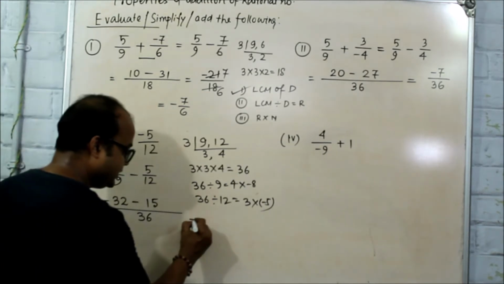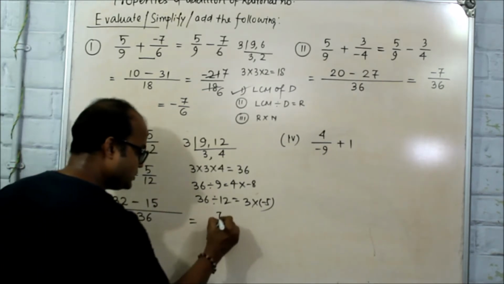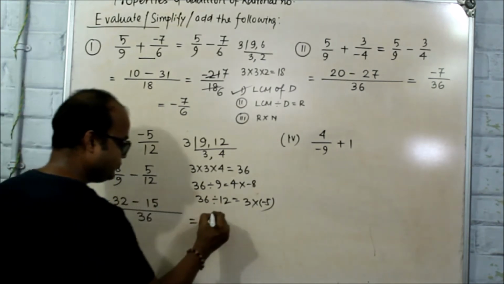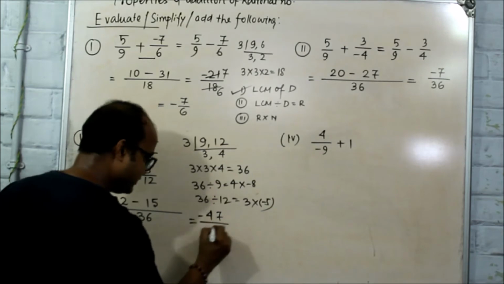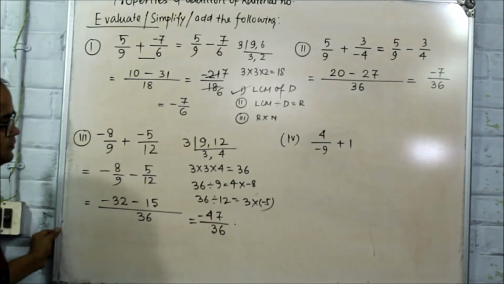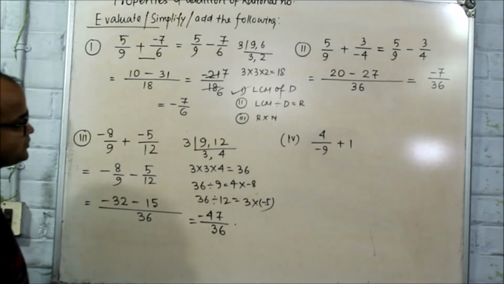So this will be equal to same sign, so you need to add 3 1 4, that is minus 47 by 36. Clear?